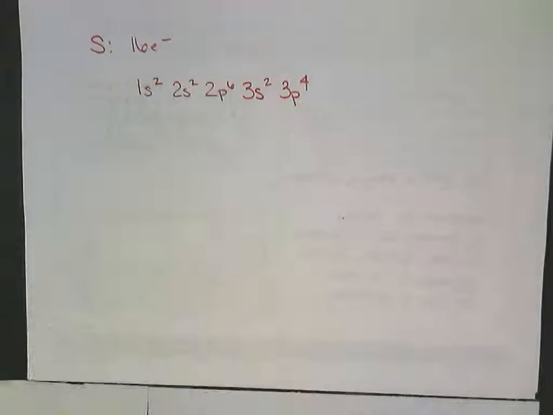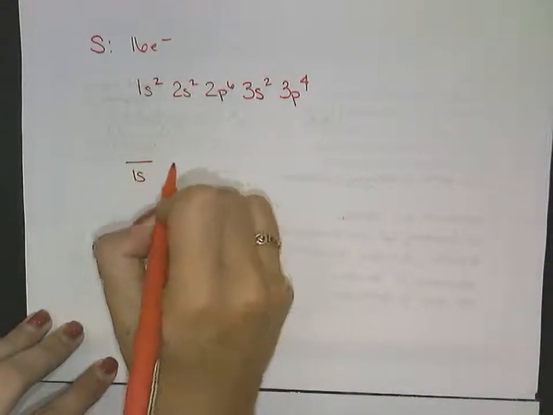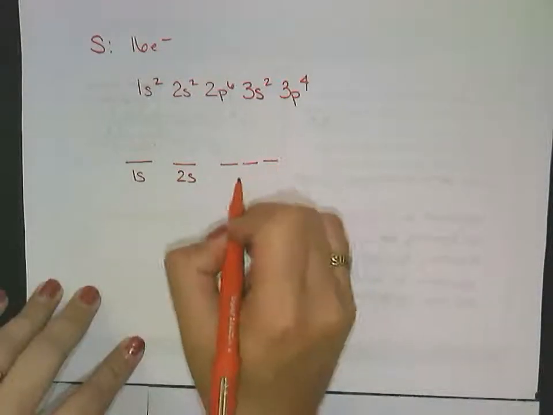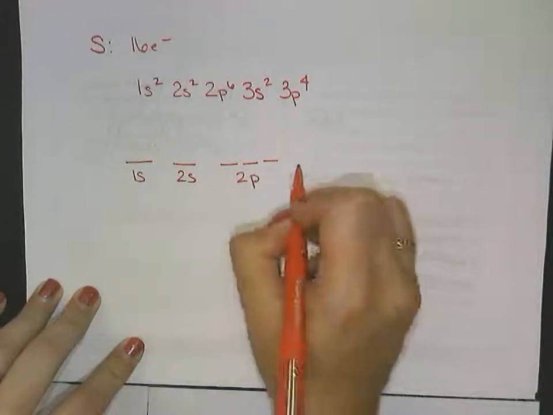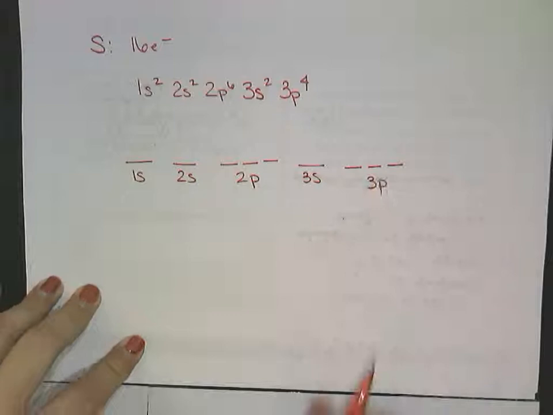Well, if I wanted to draw this as an orbital diagram, how many platforms would I draw for p? 3 platforms. 1 for 3s, 3 for 3p. Then you'd go and fill them in.